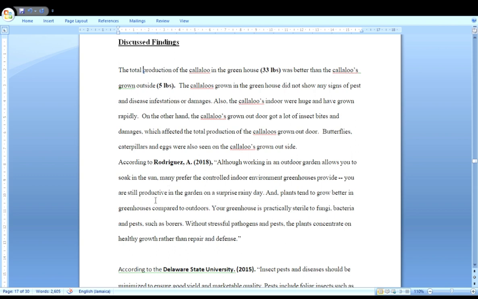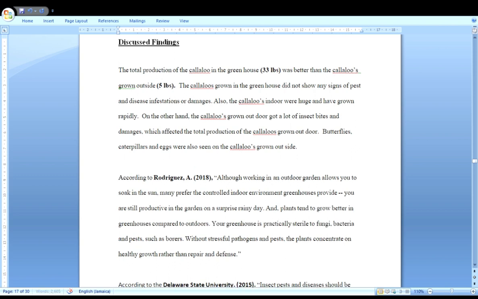You are still productive in the garden on a surprise rainy day, and plants tend to grow better in the greenhouse compared to outdoor." This line here is what is actually backing up what you were saying in this first paragraph up here. Alright, so that's your supporting literature. It is supporting what you're actually saying.